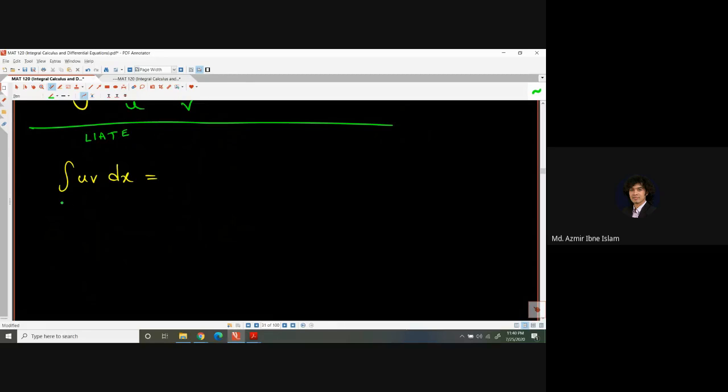Now to solve this integral, the formula says we have to go this way: u times the integration of v, minus the integration of the differentiation of u times the integration of v, and the total part will be under the integral.